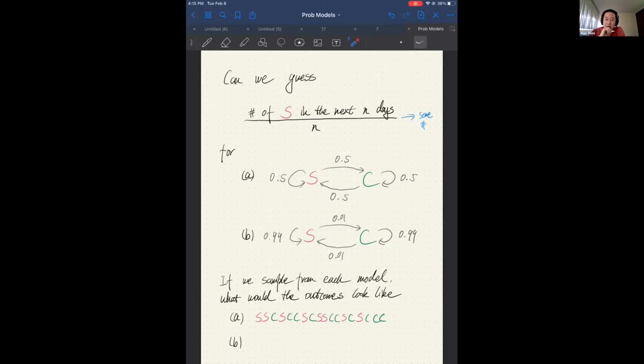All right, I see someone said 1/2. Is this 1/2 for part A or part B? Yep, 0.5.